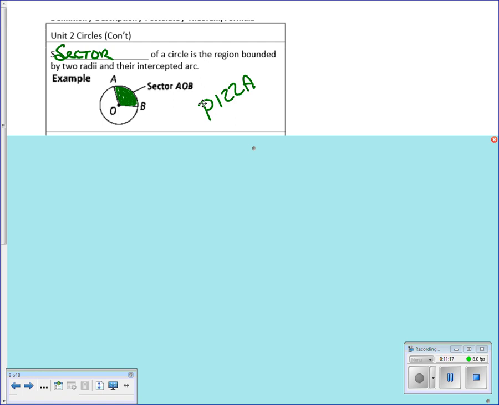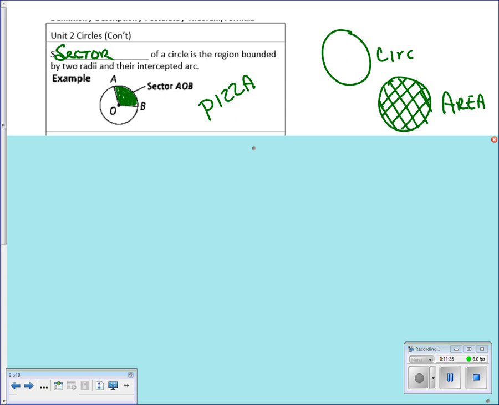So when we're looking at circles, I could ask you, what is the circumference of a circle, right? I could also ask you, what is the area of the circle? Area of the circle is basically how many squares it takes to cover it, okay? So that's area. When I'm looking at arc length, I'm looking at the length of just a part of the circumference.